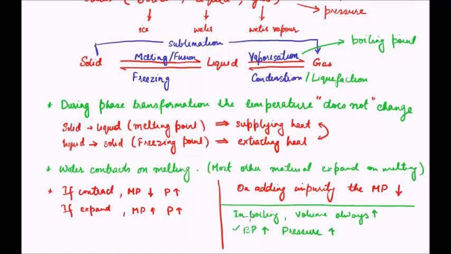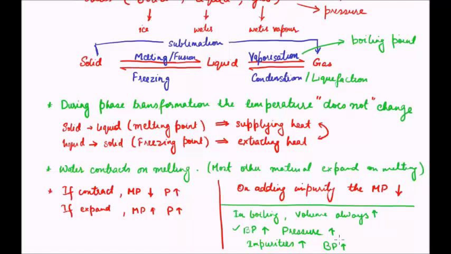Let us see the relation between boiling point and impurities. So if impurity is added to a liquid, then the boiling point of the liquid increases. So another way to cook fast is to add some common salt into the material we are cooking that has water.